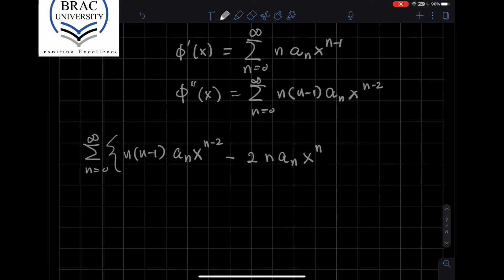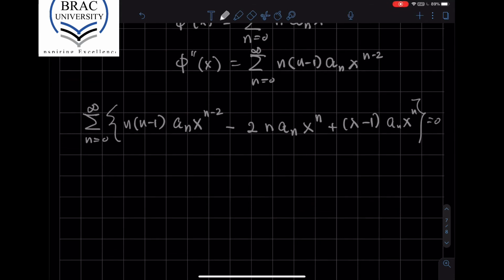And for the last term, we get plus lambda minus 1 a_n x to the power n. And this is 0. Of course the values of x are arbitrary, and therefore for this equation to be valid, all the coefficients of each power of x must be 0 identically.